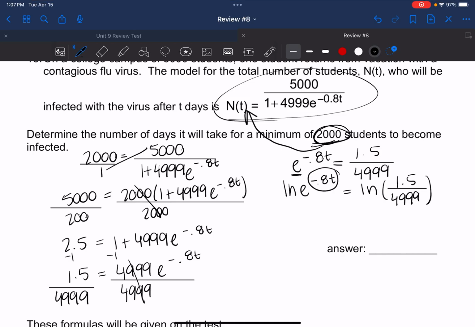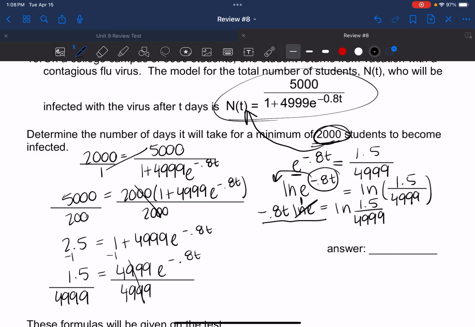Okay, so I can take this exponent and pull it to the front. So I have negative 0.8t ln of e equals ln of 1.5 over 4,999. Well, remember, ln of e is equivalent to 1.